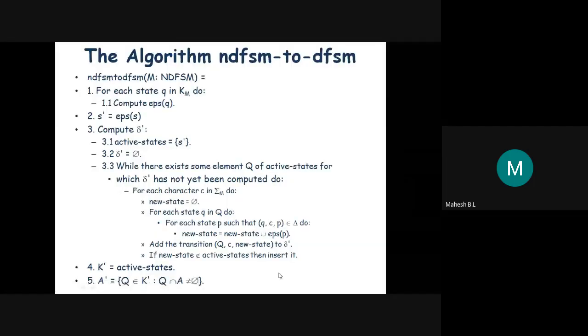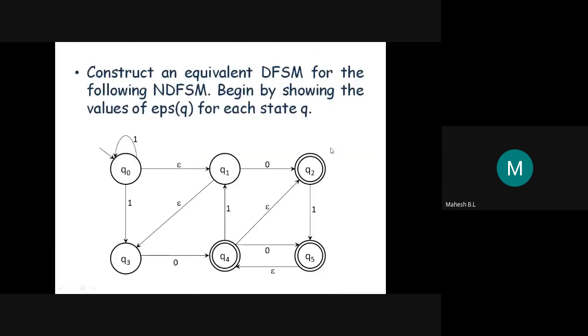Let's consider this once again. So here is the problem. This is the given NDFSM which should be converted to DFSM. The first step is to compute epsilon of Q naught. You know that Q naught is the starting state of NDFSM. You need to compute the starting state of DFSM.